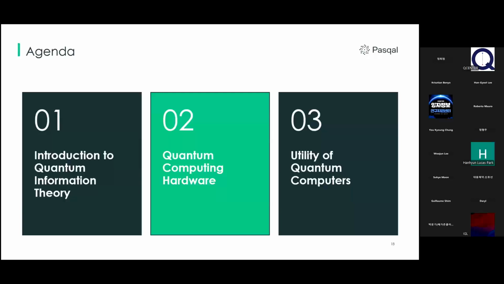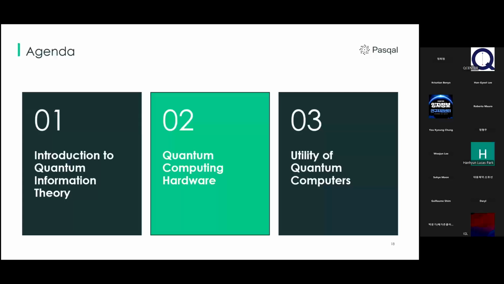So up until now, what I've talked about with quantum bits, unitary evolutions, and measurements is really a theoretical concept. So this is how mathematicians and theoretical physicists envisioned quantum computers should look like.